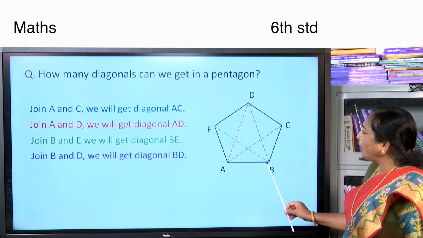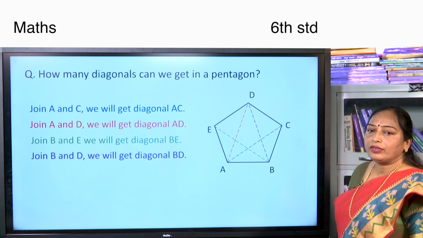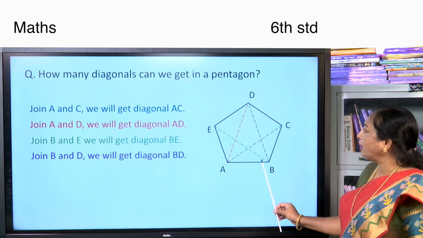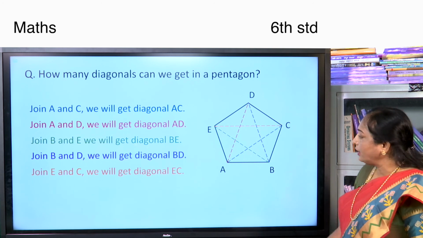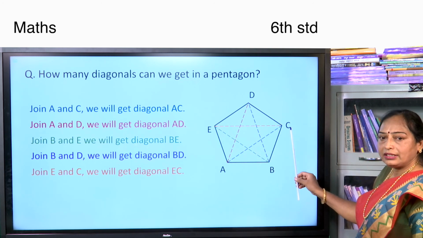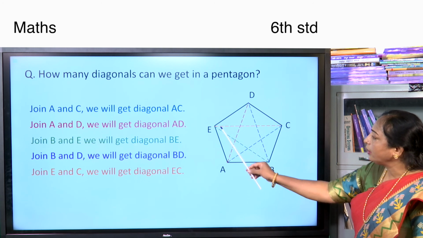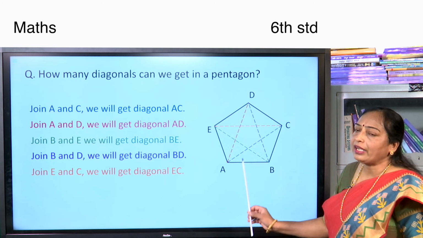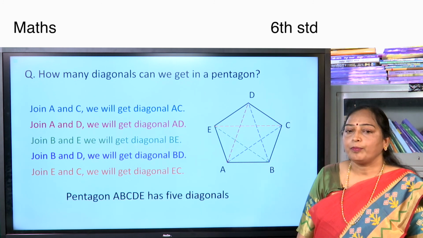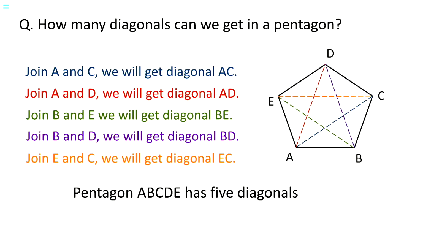Join B and D, we will get the diagonal BD. And join E and C, we will get the diagonal EC. How many diagonals are here in the pentagon? Pentagon A, B, C, D, E has 5 diagonals.